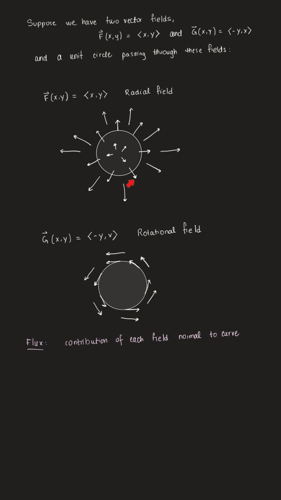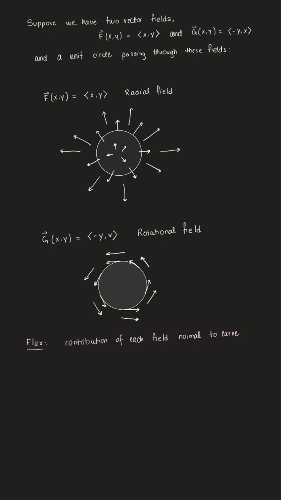We could also have an inward flow, but the radial field flows outward. The rotational field, on the other hand, has no components that are normal to our curve. Our rotational field has a high flow, but zero flux, because there's no outward flow normal to the curve. So flux measures the contribution normal to the curve of the vector field.